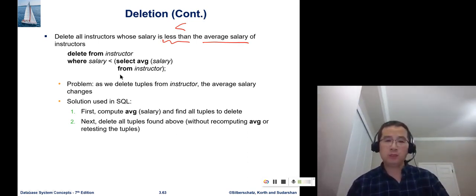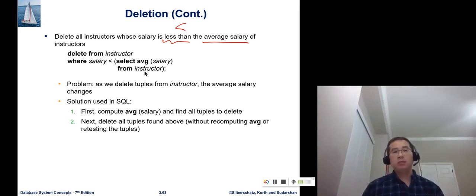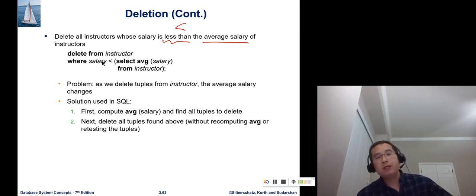So in fact, when we do this, we have to know what the running procedure is. For example, if we delete one by one, and then if we delete one instructor's tuple, then the average salary is changing. Okay? So that's why in fact we are not doing it that way. We first do this, and then we do this one.